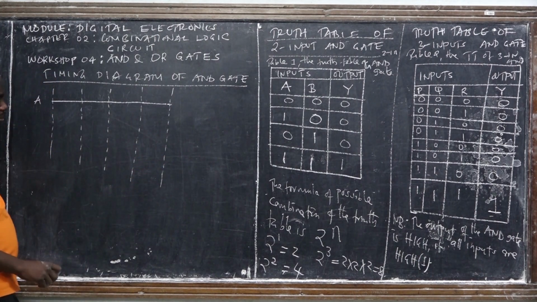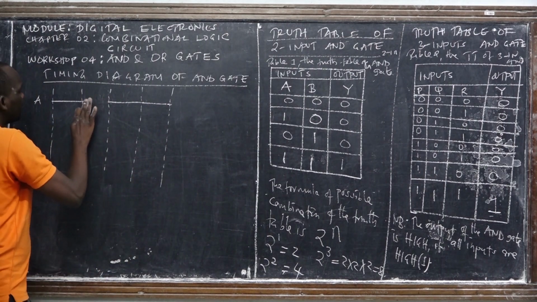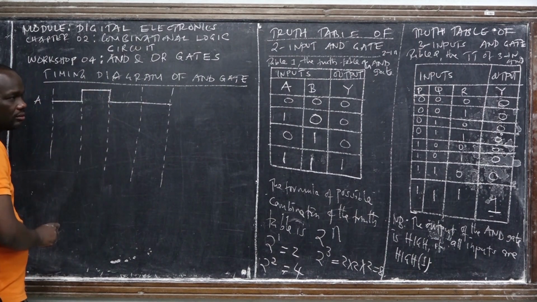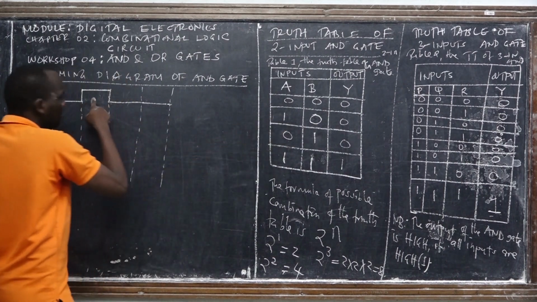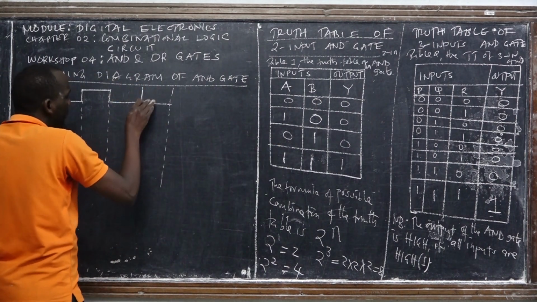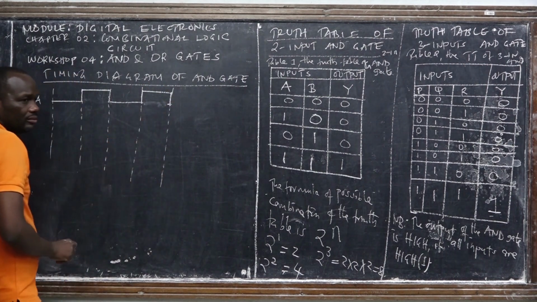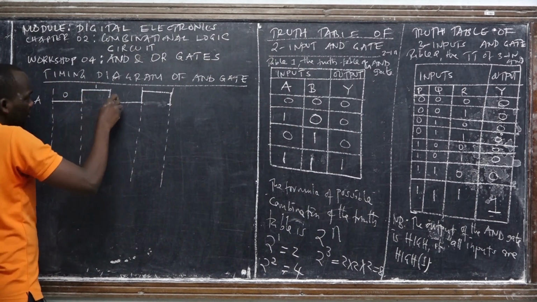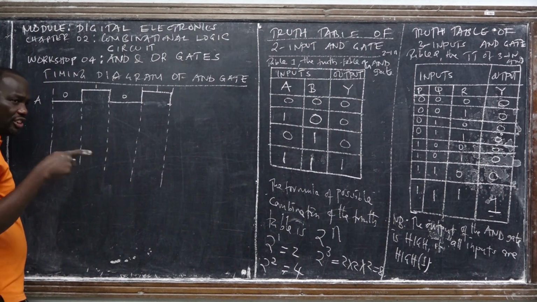Remember that for the input A, we have 0 and also we have 1. 0, this one. 1, this one. Then 0, this one, and then 1. So simply, in terms of binary number, this is 0, this is 1. This is 0, this is 1. Is it clear?